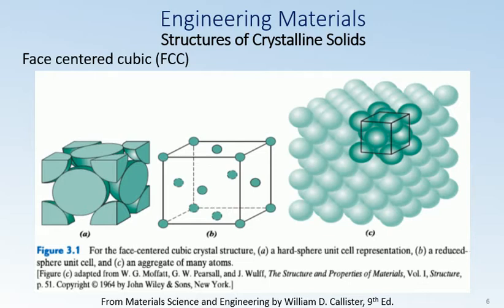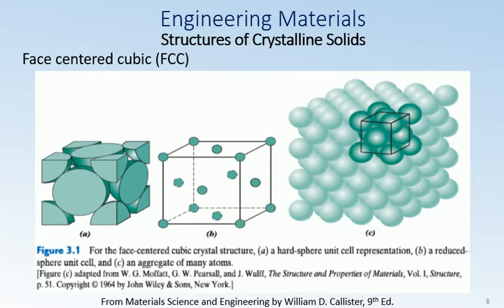If you take the front face facing you, you can see that in the center there is an atom, and on each corner and from the back side, other atoms are attached. This is then called face-centered cubic.